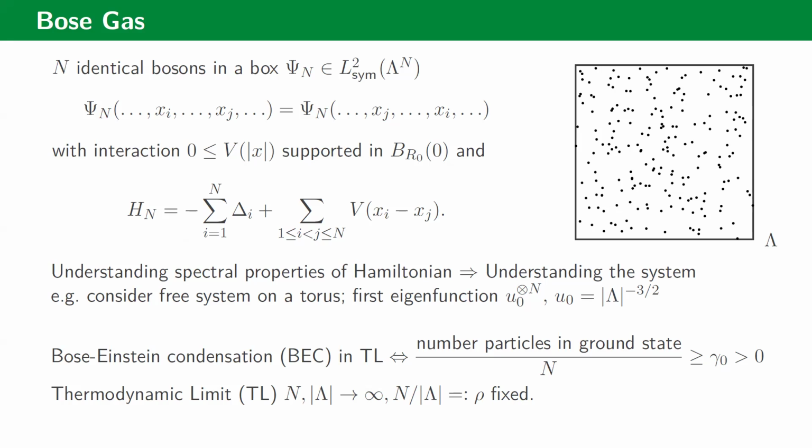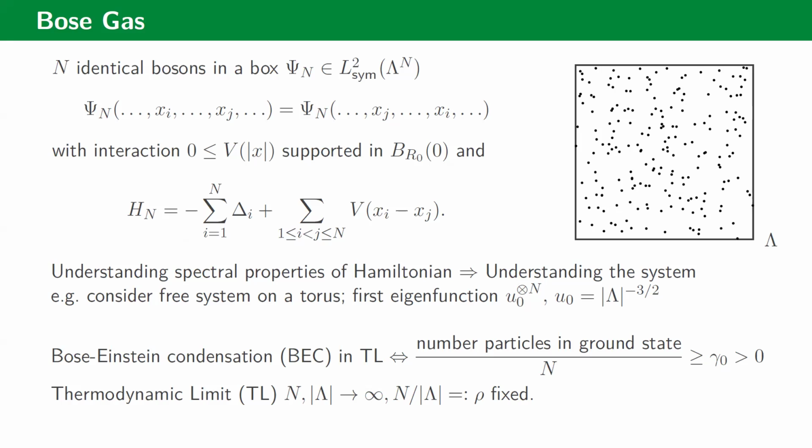And then they discovered theoretically this phenomenon of Bose-Einstein condensation in the thermodynamic limit, which is defined as follows. You count the number of particles that are in the ground state. It could still happen that some particles are not in the ground state. You look at the fraction, where n is the number of particles.